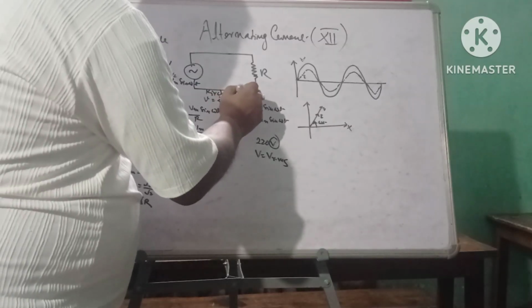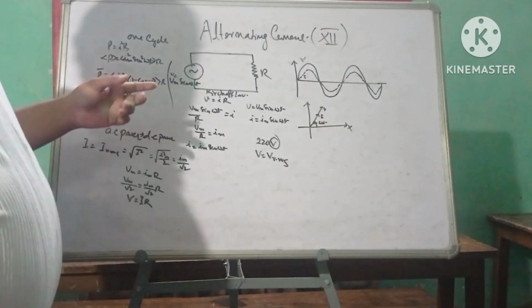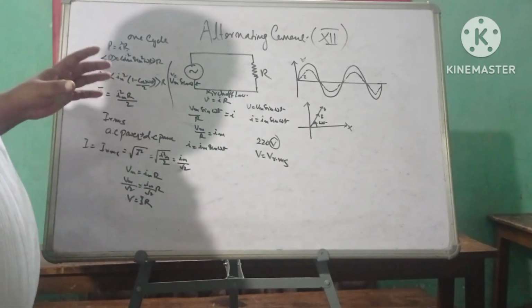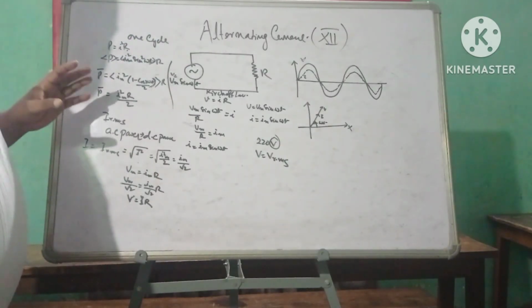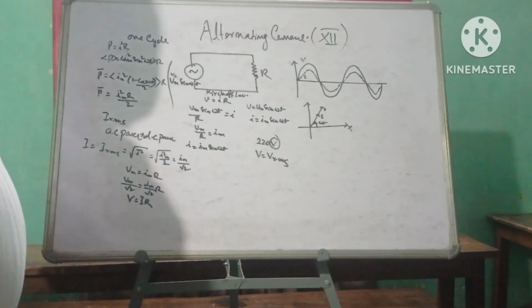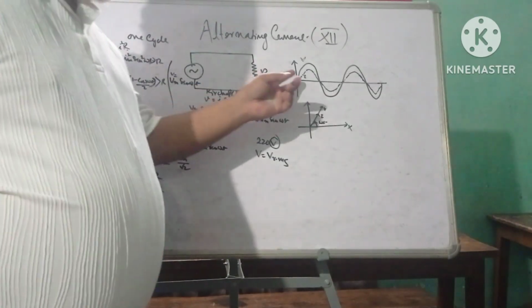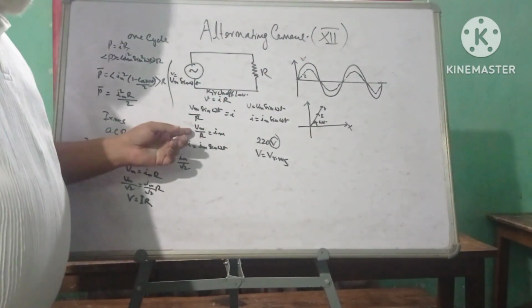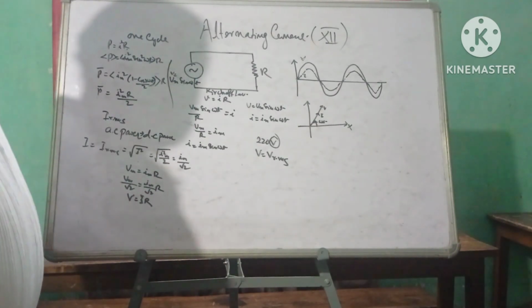Because V is equal to IR can be expressed only in Ohm's law. I have tried to make it as clear as I can, and here I is less than V, because your I value is less than Vm divided by R.